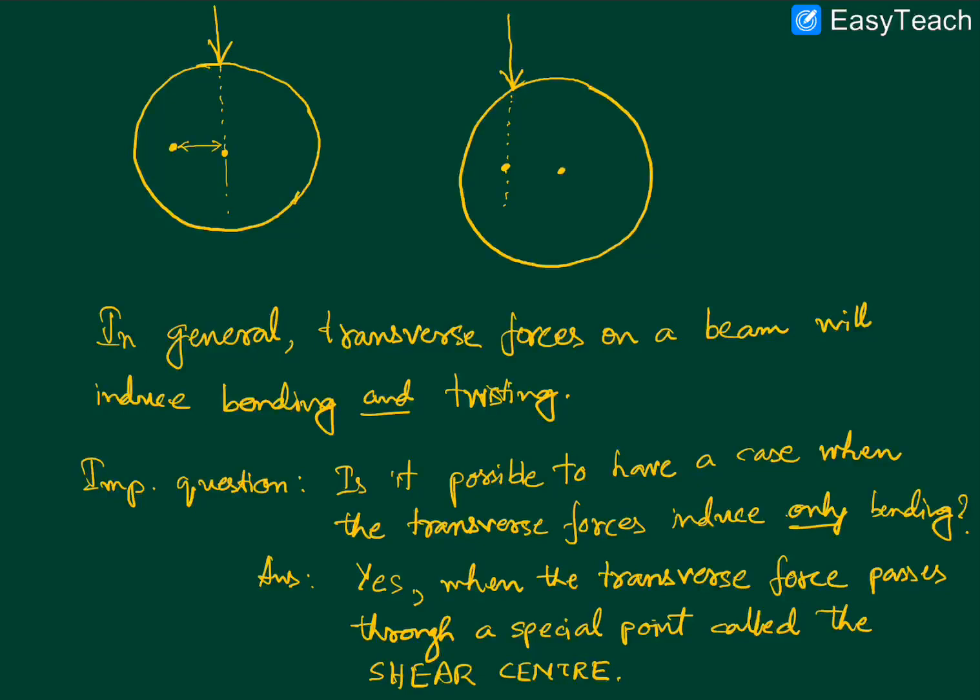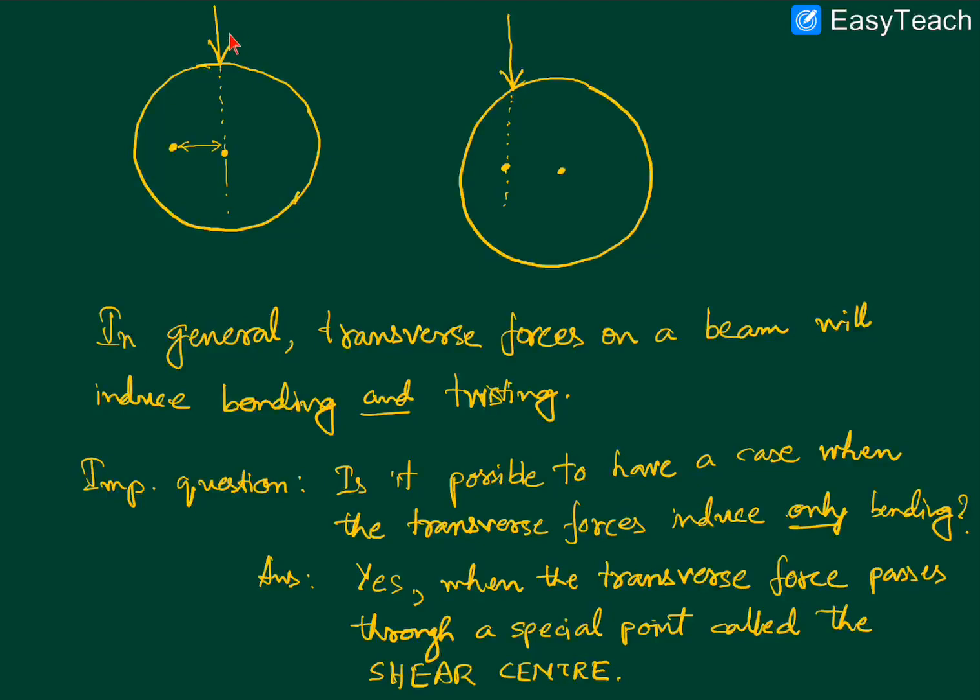To quickly repeat myself, when we were considering these kinds of transverse forces and the torsional moments about various axes going into the plane, sometimes we found zero values and sometimes non-zero values, but that did not give us a clear-cut idea about whether the beam would actually twist or not.